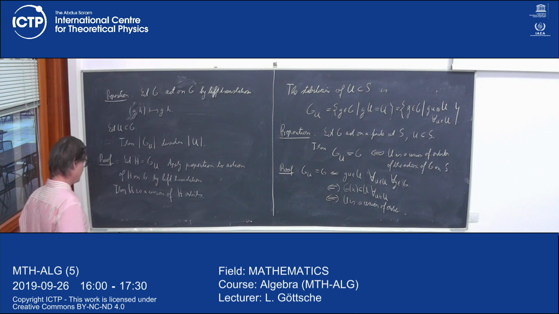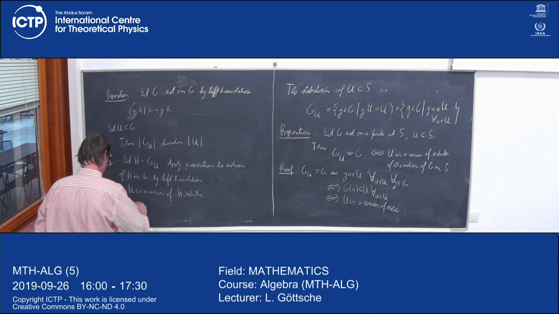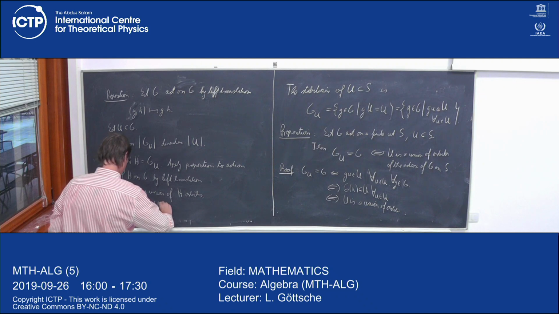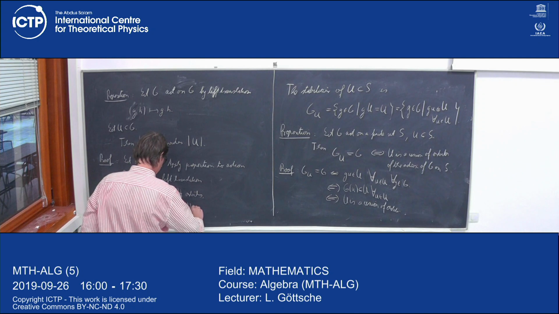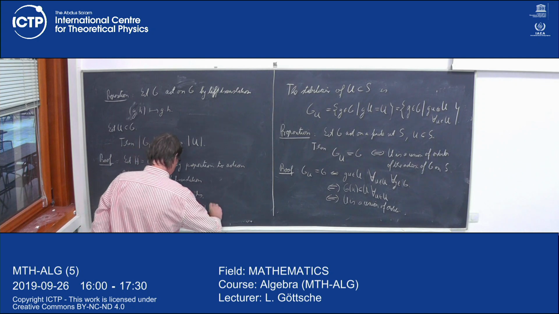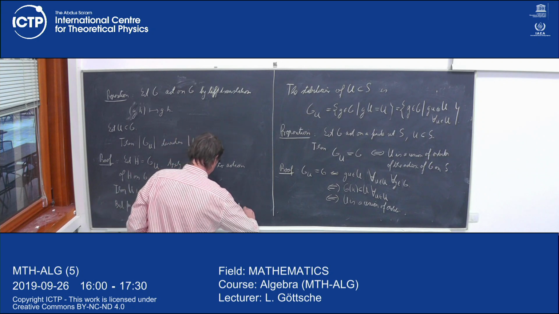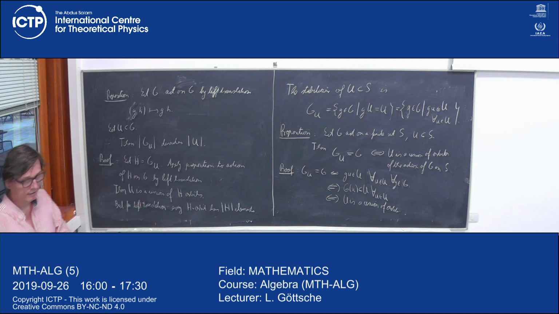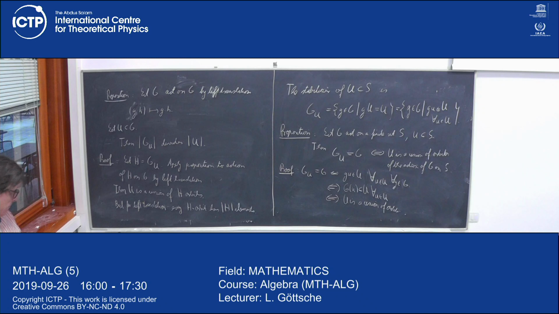So for left translation, every H-orbit has the number of elements of H. There is nothing which is fixed.